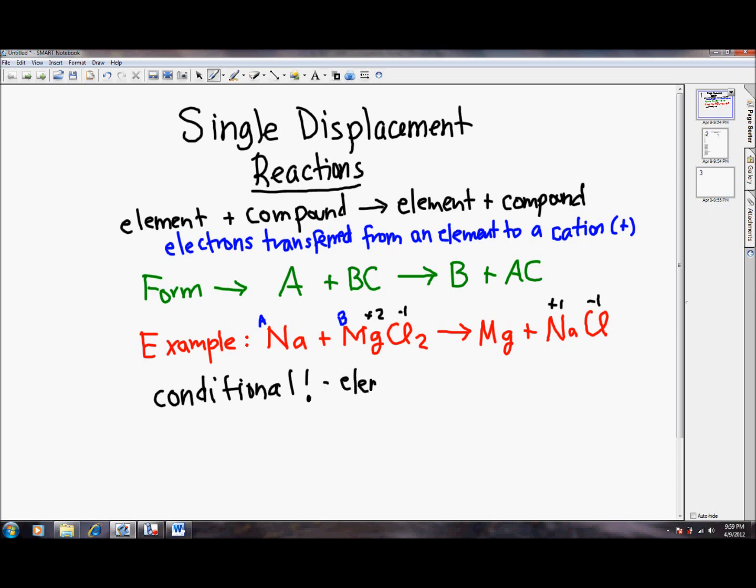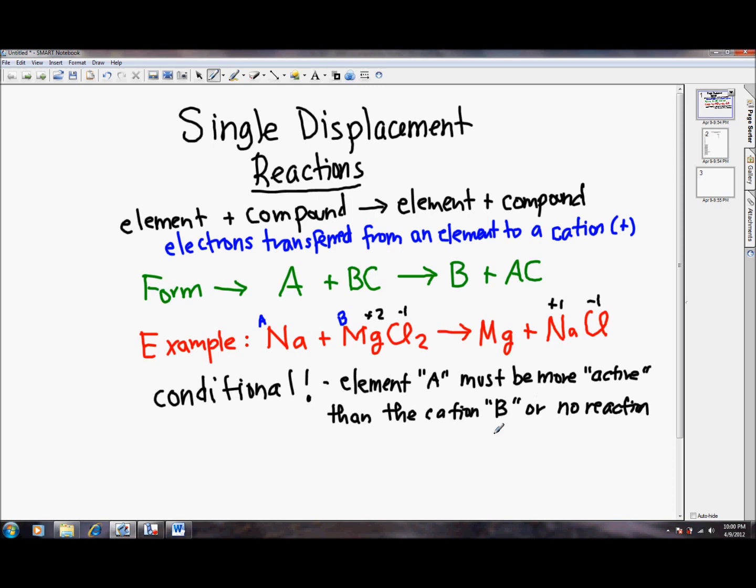It means that the element A must be more active than the cation B, or no reaction will occur.